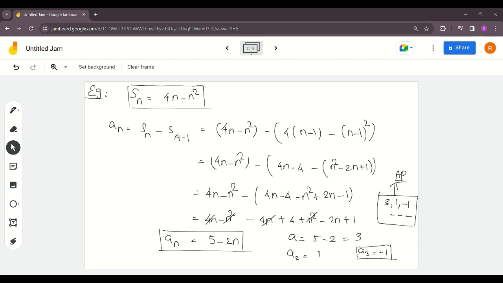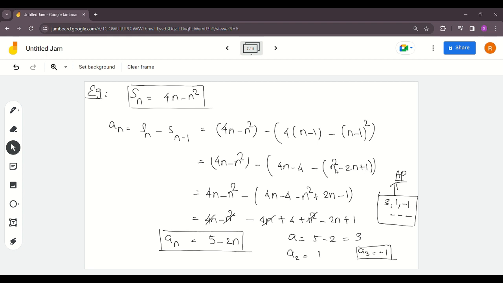Wherever n is there, you have to replace n by n minus 1. So you will get 4 into n minus 1 minus n minus 1 whole square. After this it is manipulation only. You multiply inside to get 4n minus 4, and expand using a minus b whole square, which gives n square minus 2n plus 1.